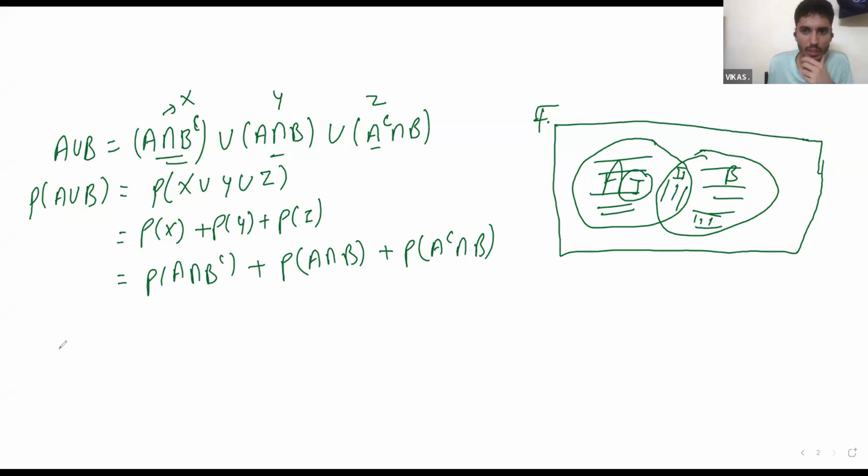Now, what is A intersection B complement?